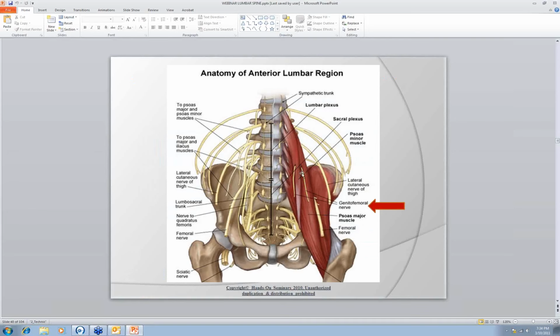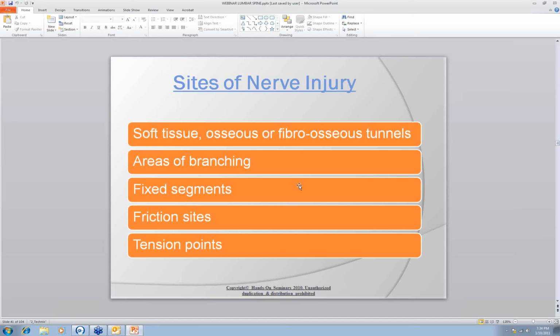You can see also how various nerves can exit. This is the genitofemoral nerve that exits from the iliopsoas muscle, and that's why in many patients with lumbar spine pathology due to iliopsoas dysfunction, you can have numbness and tingling in the scrotal and labial area because of compression of the genitofemoral nerve by the iliopsoas.